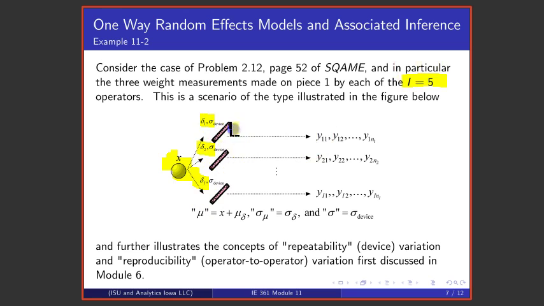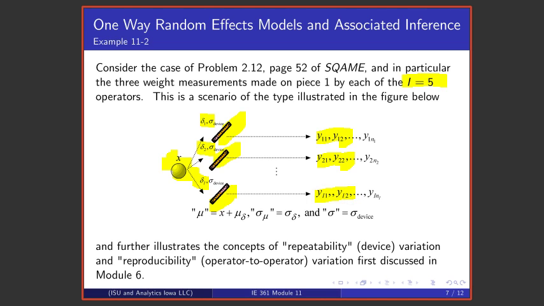That is, there are 5 devices here, each operator having his or her own bias, producing 1, 2, 3, 1, 2, 3, 1, 2, 3 data values for each operator.